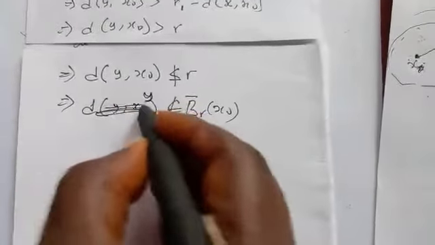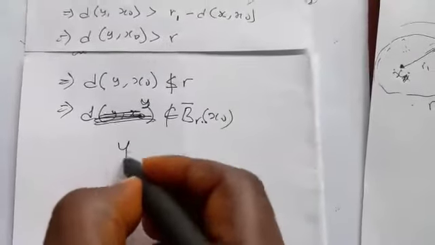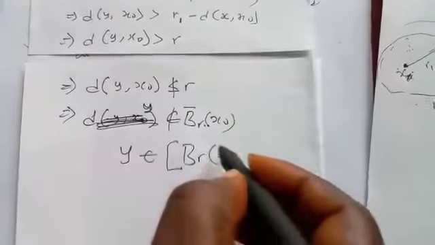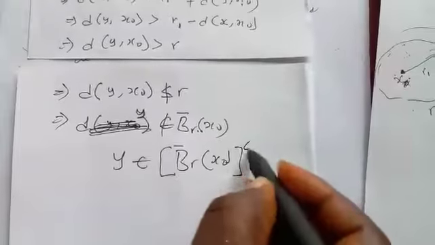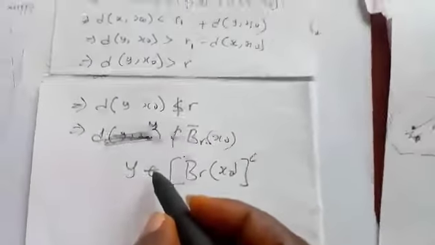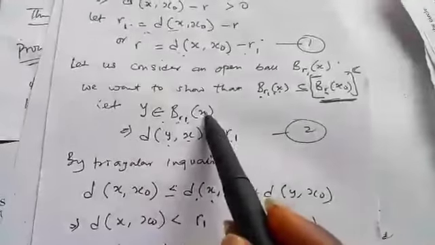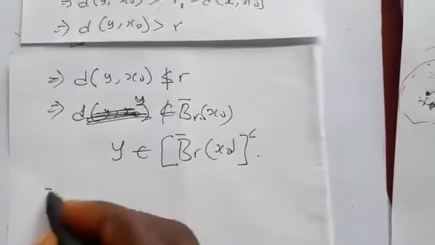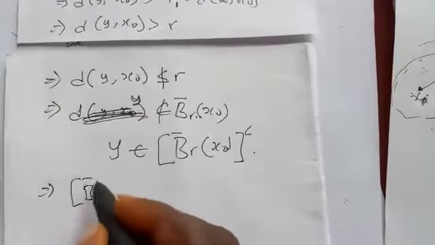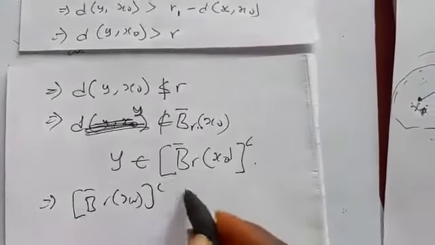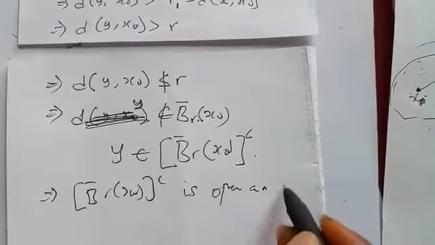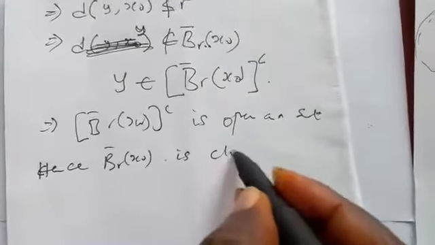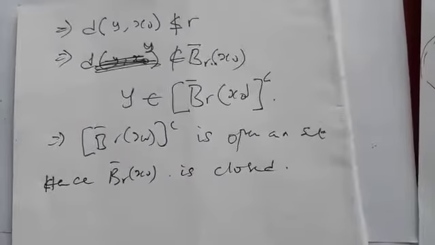This means y does not belong to that, and this simply means that y belongs to the complement of B_R(s naught). So we have now shown that we pick y in this ball, and y belongs to this set. So this simply shows that this is open. So it's an open set, and consequently B_R(s naught) closed is closed, and that completes our proof.